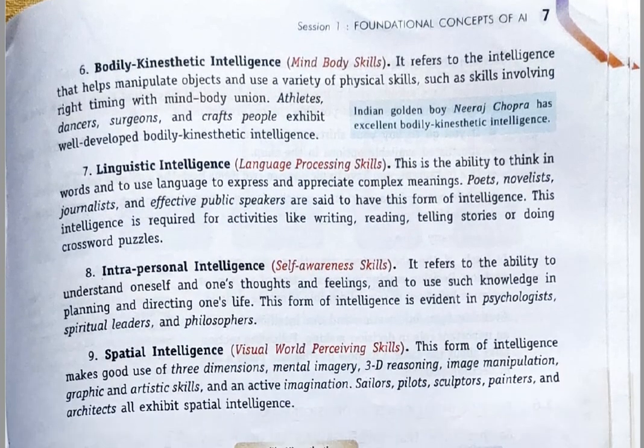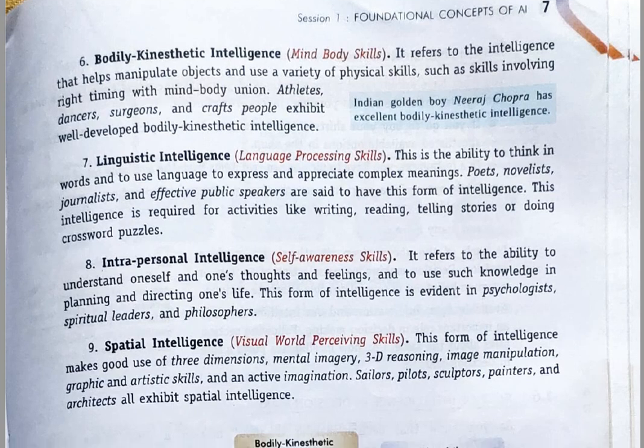Sixth one is bodily kinesthetic intelligence. It is a combination of mind and body skills. So it includes physical skills, having right timing with mind and body union. So where you apply the unity of mind and body, that is bodily kinesthetic intelligence.